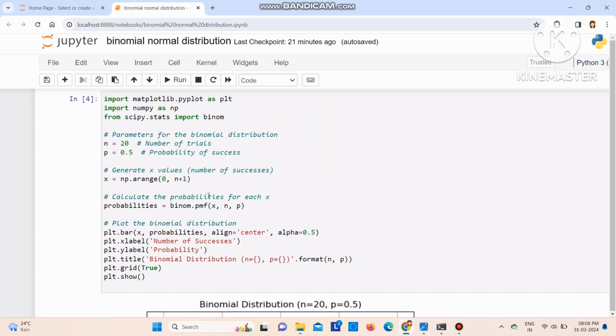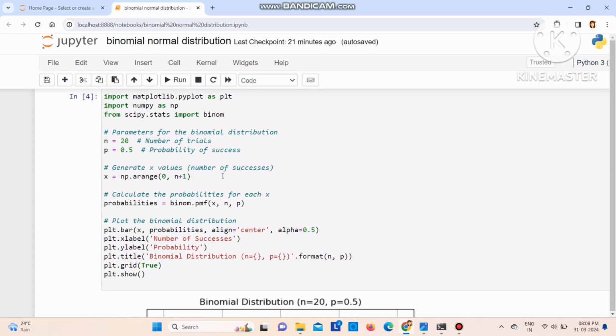Okay, now probabilities. For each of the x we are going to calculate the probabilities. So probability is equal to binom.pmf of x, n, p. Initially we will start from the value of x equal to 0, n is equal to 20, and p is how much?